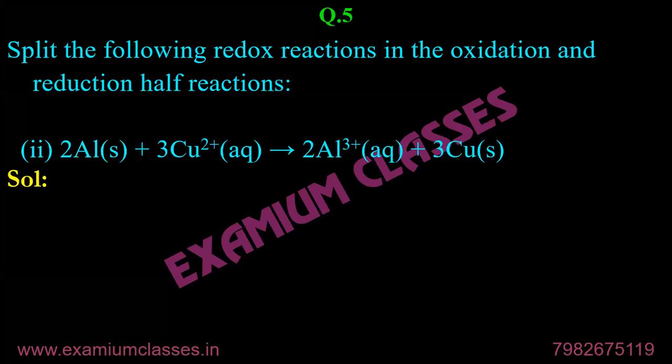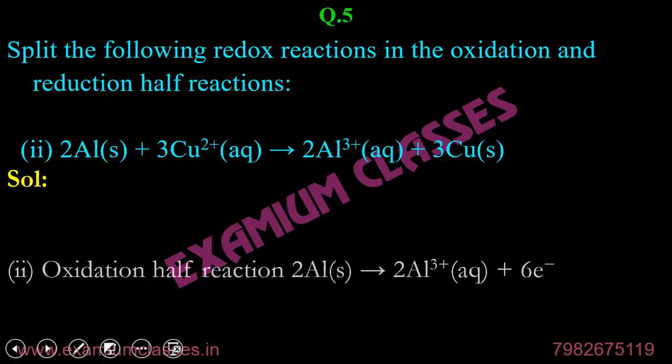When you split into two halves, you have to balance the charges as well. Yes, Devansh, correct now. Yes, Rita, good. Oxidation half is correct. Balance the charges as well. Shashwat, yes, correct. You have balanced the charges.